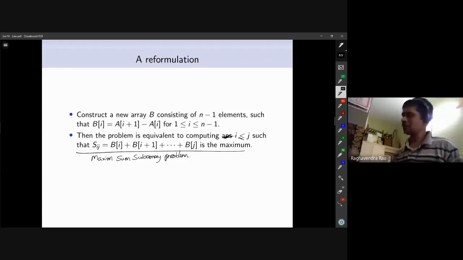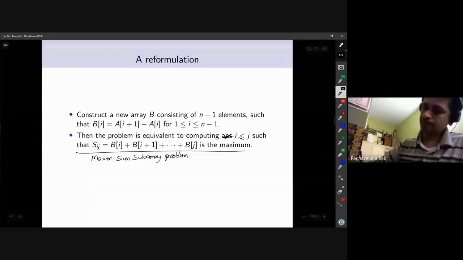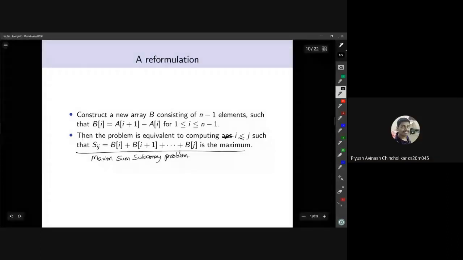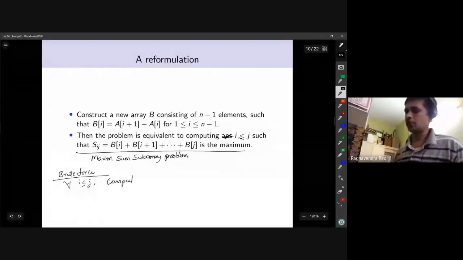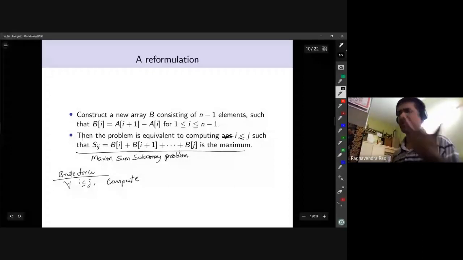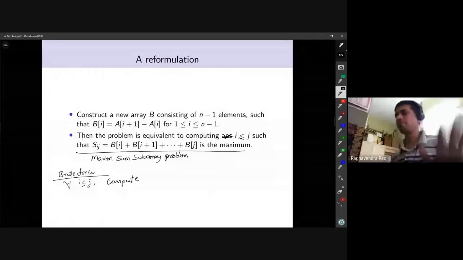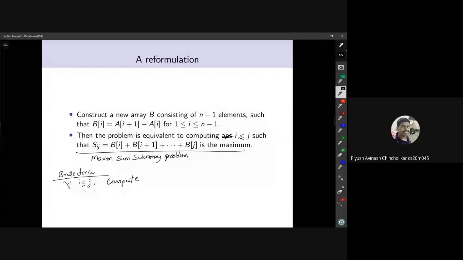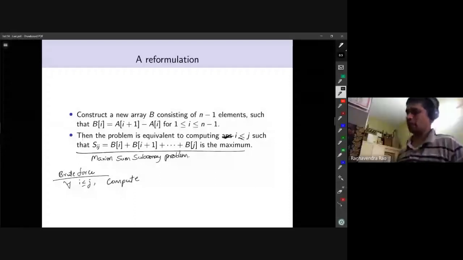So let's just look at the brute force solution. What is the brute force, or naive, solution once again? Directly differencing between each and every element. No, that was our earlier solution. With this reformulation, let's imagine that we are just given B now instead of A. In that case, what should it be?